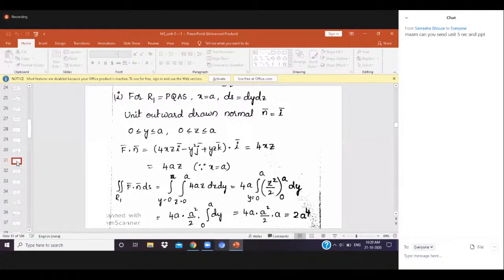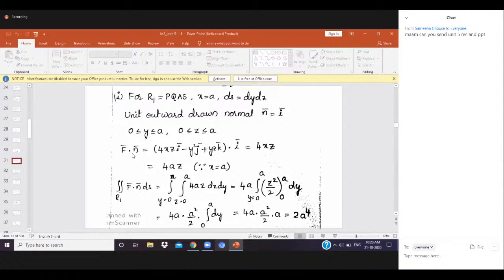So here x is the length from the origin, that is x equals a, and ds becomes dy dz, and the unit outward drawn normal, because it is on the x-axis, n bar becomes i bar. And the limits here: y is varying from 0 to a and z is varying from 0 to a.